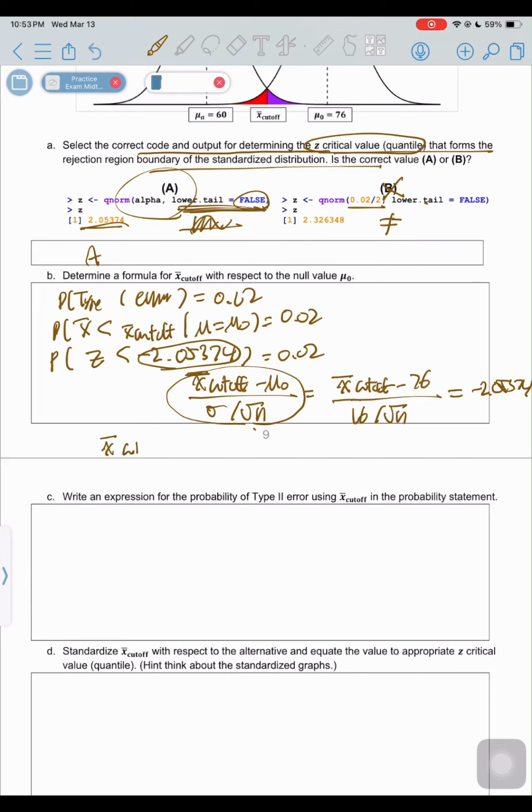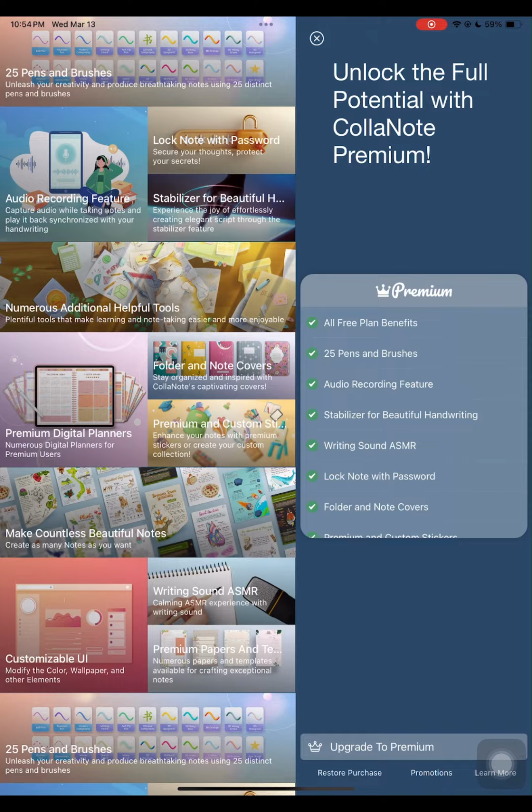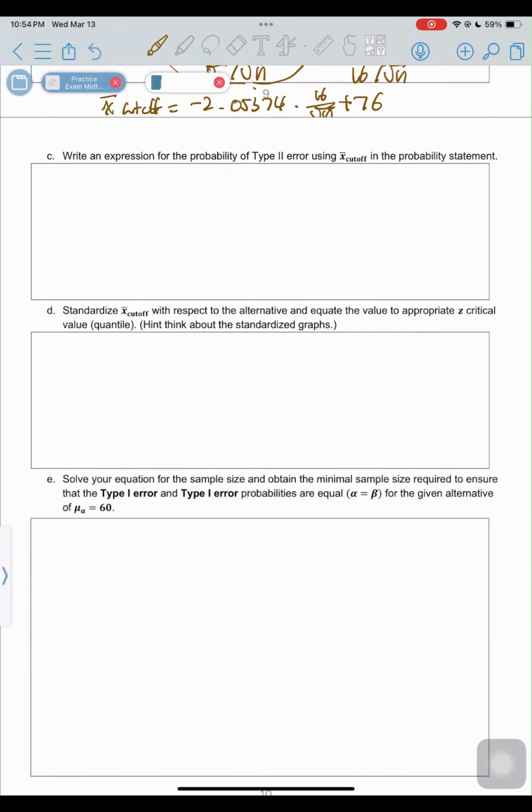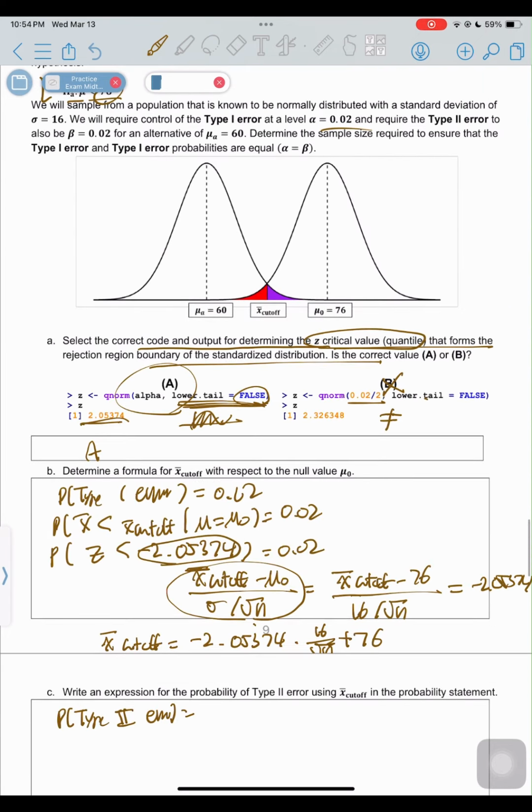So X cutoff value is negative 2.05374 times 16 over square root of n, plus 76, because if you move the 76 to the other side, that becomes positive. Sorry about that. And then part C, write an expression for the probability of type 2 error using X cutoff. So the probability of type 2 error, are we given?